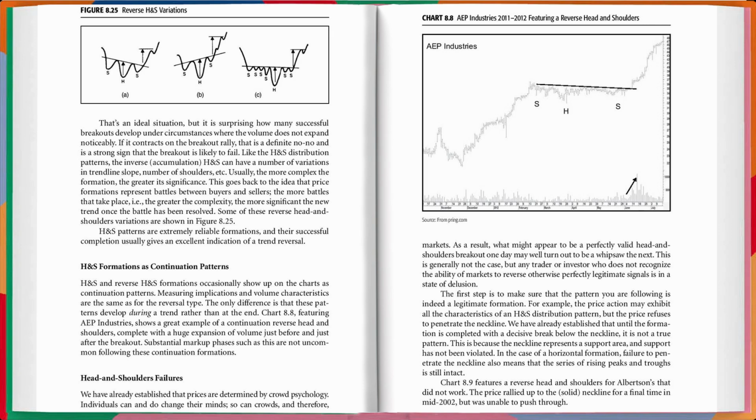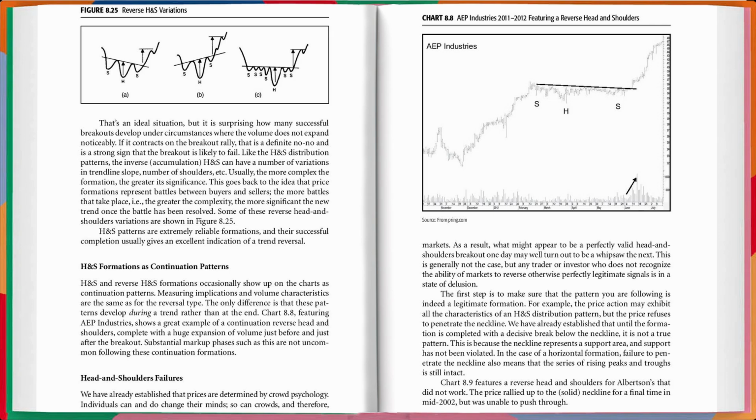The more battles that take place, i.e., the greater the complexity, the more significant the new trend once the battle has been resolved. Some of these reverse head and shoulders variations are shown in Figure 8.25. H&S patterns are extremely reliable formations, and their successful completion usually gives an excellent indication of a trend reversal.